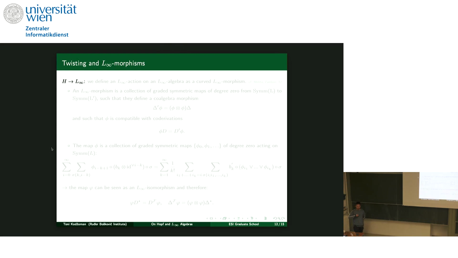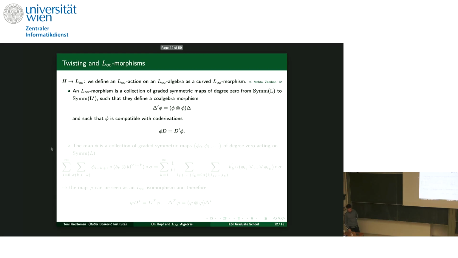First we said, let's take a look at a general module of the algebra. Then let's say that the module algebra is equal to the Hopf algebra itself. Now let's say that the Hopf algebra itself is equal to the L-infinity structure. We can define an L-infinity action of one L-infinity algebra on another curved L-infinity algebra, and we get what is called an L-infinity morphism.